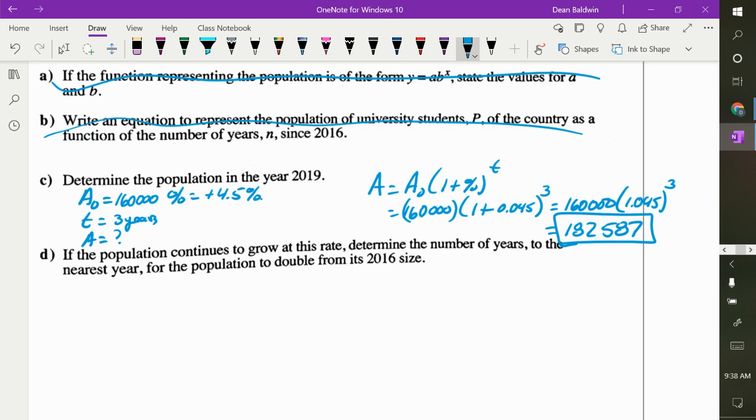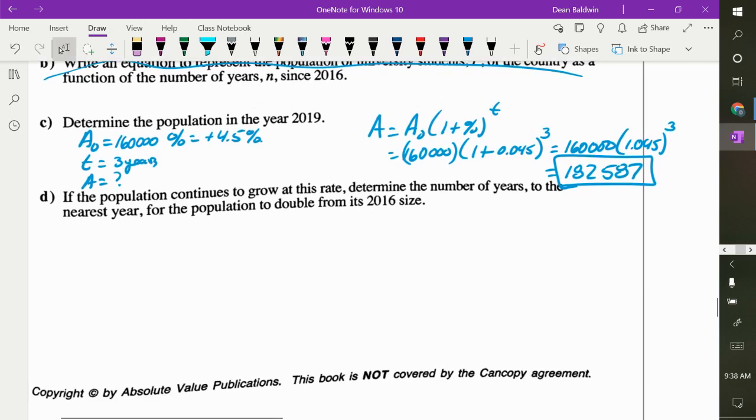Okay? All right. A better question is, if the population continues to grow at this rate, determine the number of years to the nearest year for the population to double. There are 2 ways to do this one. Now you are finding the exponential.